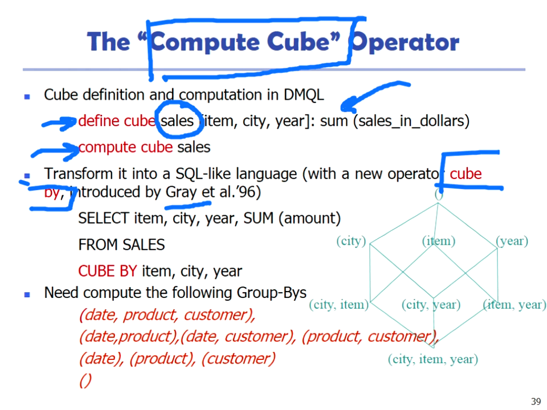So in this case, when we want to define this group, we write select item, city, year, sum of amount from sales. After that, we write CUBE BY item, city, year.